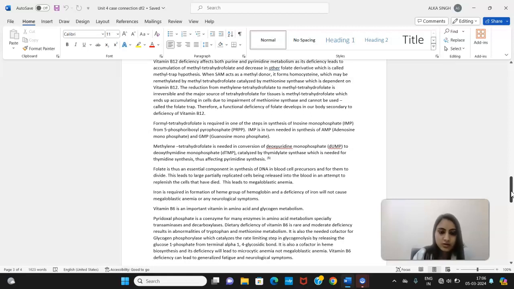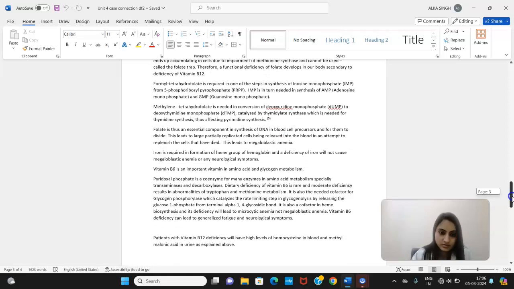The reduction from methylenetetrahydrofolate to methyltetrahydrofolate is irreversible, and the major source of tetrahydrofolate for the tissue is methyltetrahydrofolate, which ends up accumulating in the cells due to impairment of methionine synthase and cannot be used, called the folate trap. Therefore, a functional deficiency of folate develops in our body secondary to deficiency of vitamin B12.